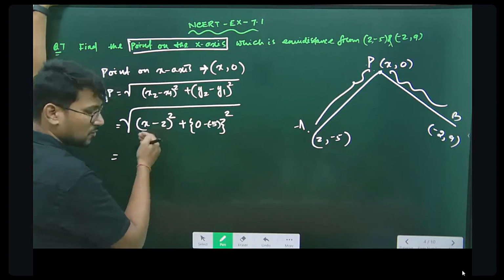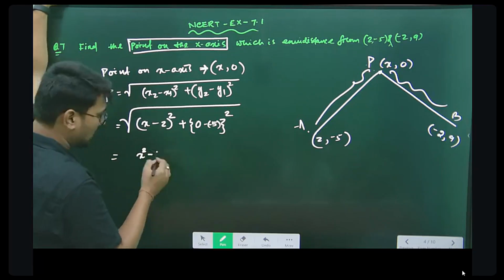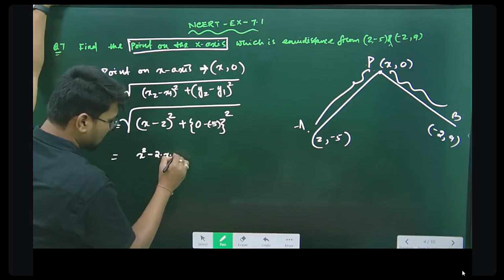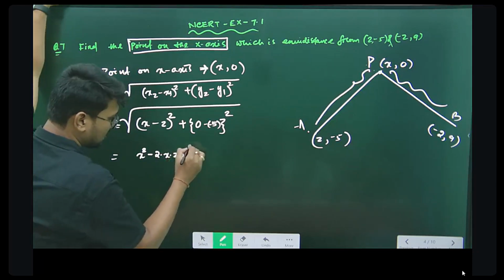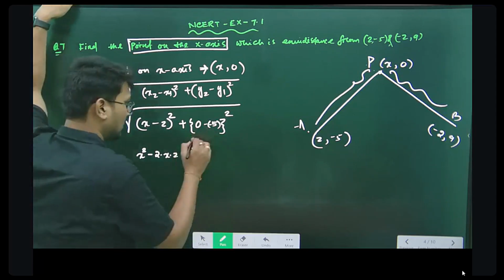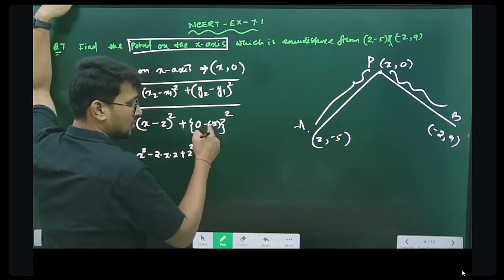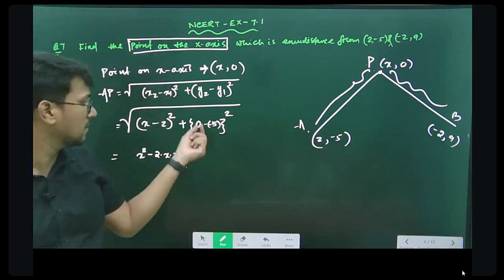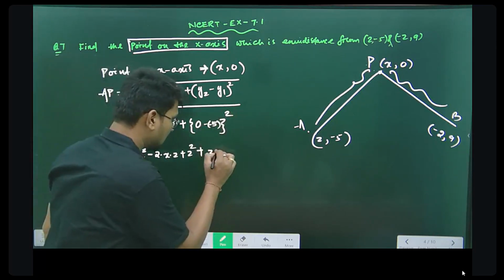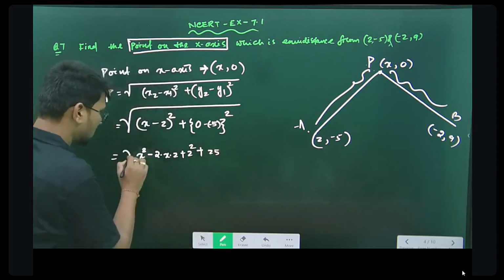A minus b whole square is a square minus 2ab plus b square, so minus 2 into x into 2, plus b square. Done. Okay, here plus how much? 0 minus minus 5 is plus 5. 0 plus 5 is 5. 5 square is how much? 25. It's under the square root.